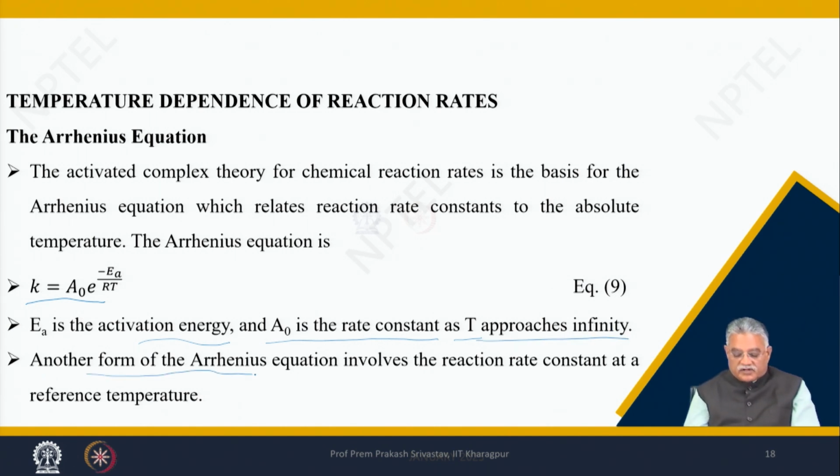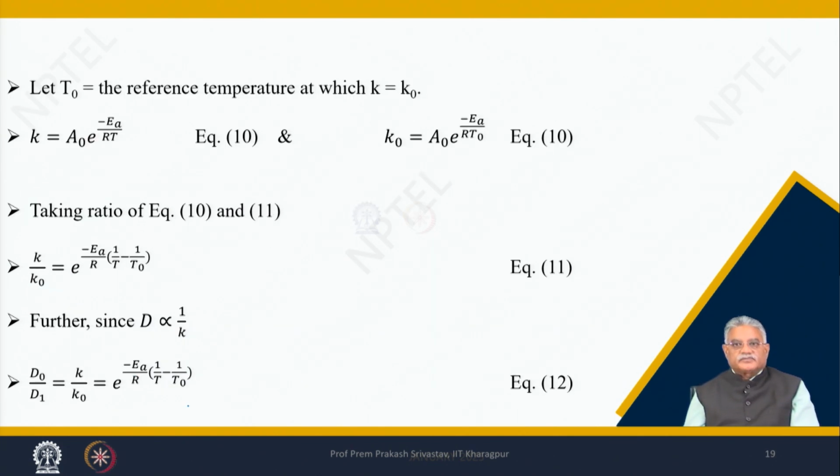Another form of the Arrhenius equation involves the reaction rate constant at a reference temperature. Let T0 be the reference temperature at which k is equal to k0. So, k is equal to A0 e to the power minus Ea divided by RT, this is equation 10, and k0 is A0 e to the power minus Ea divided by RT0, that is equation 11.